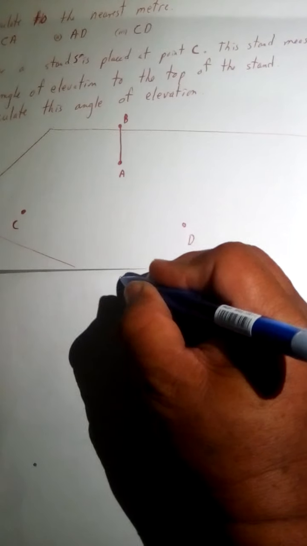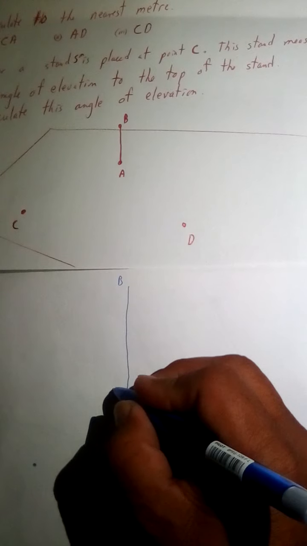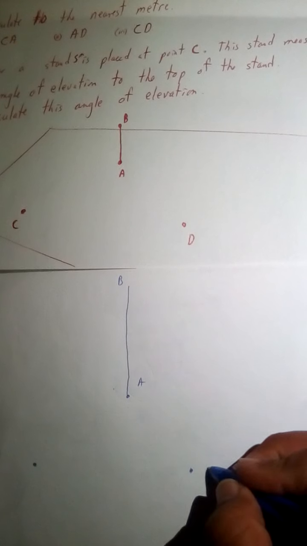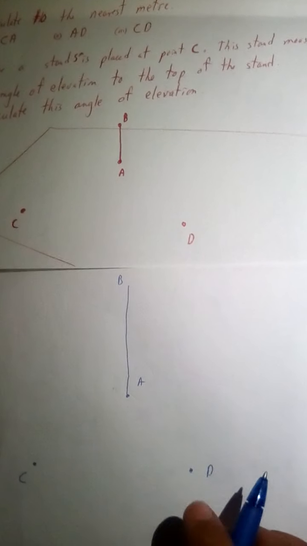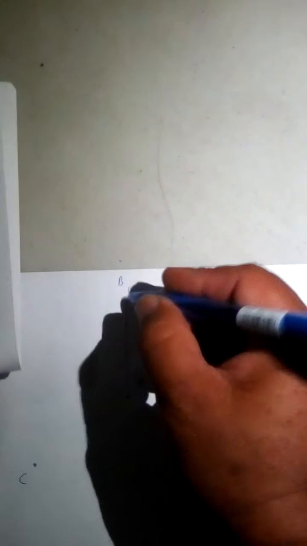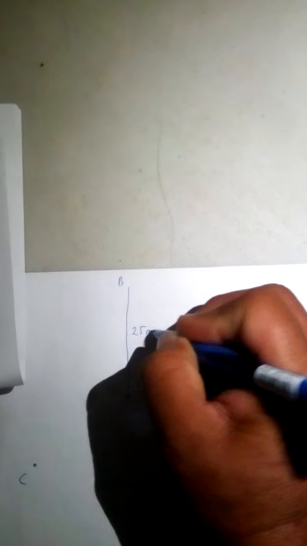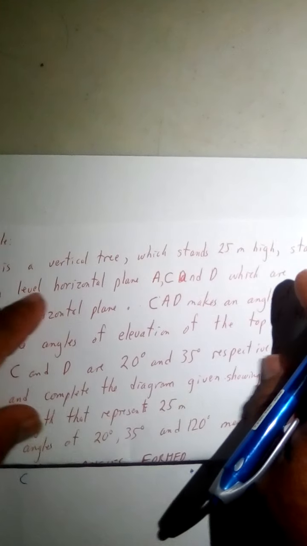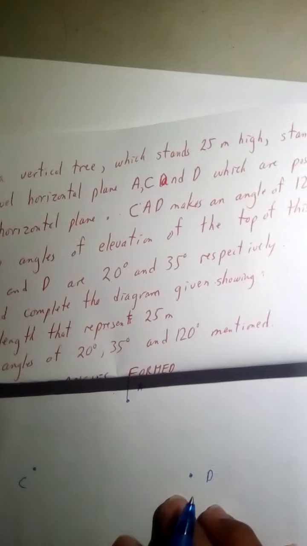This is B, this is A, this is D, and this is C. According to this problem, AB is a vertical tree which stands 25 meters high. So this vertical height is 25 meters. We put that. Standing on a level plane, ACD are positions on the horizontal plane, which we have here.